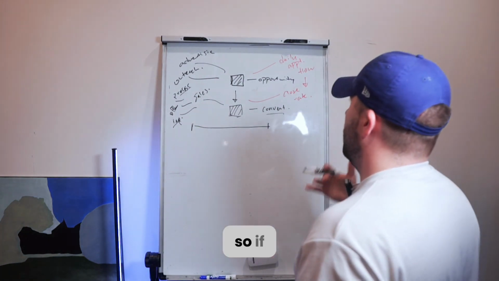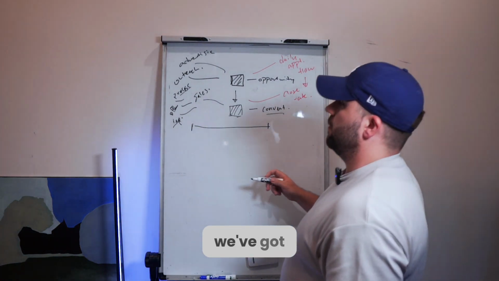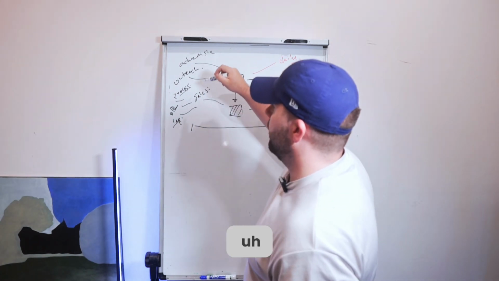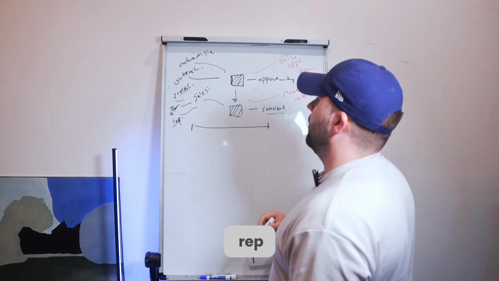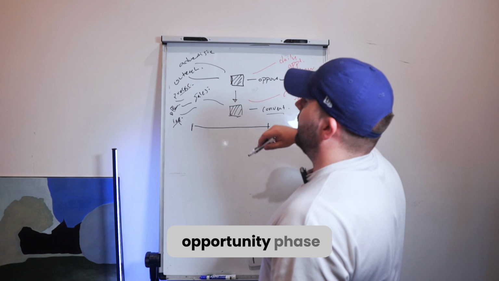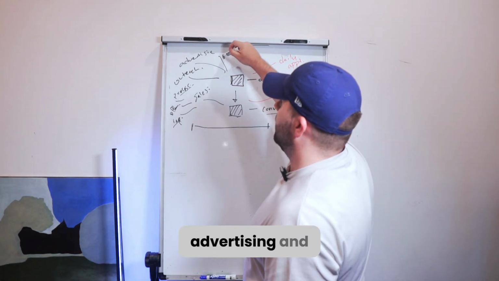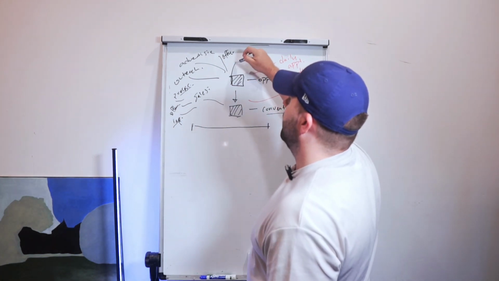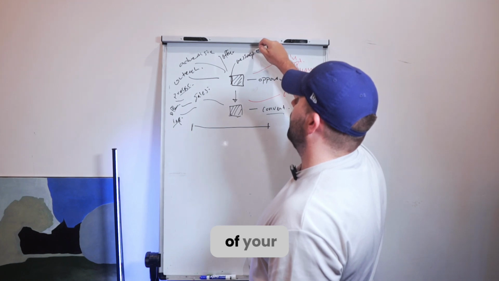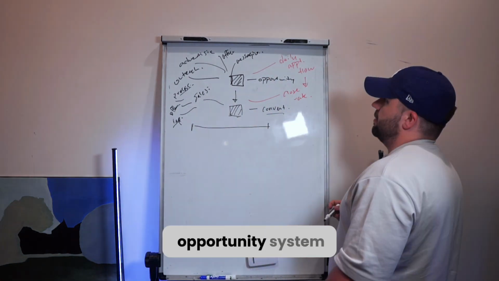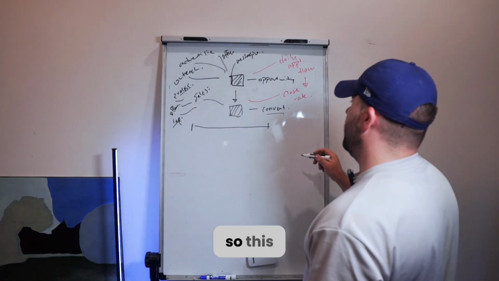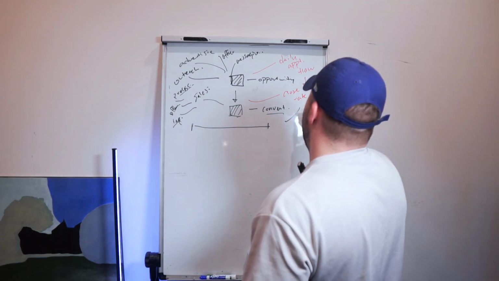If we break this down, we've got process, offer, rep. Then up in the opportunity phase, we have outreach, advertising, and we also need an offer and messaging as part of your opportunity system. So this covers acquisition.